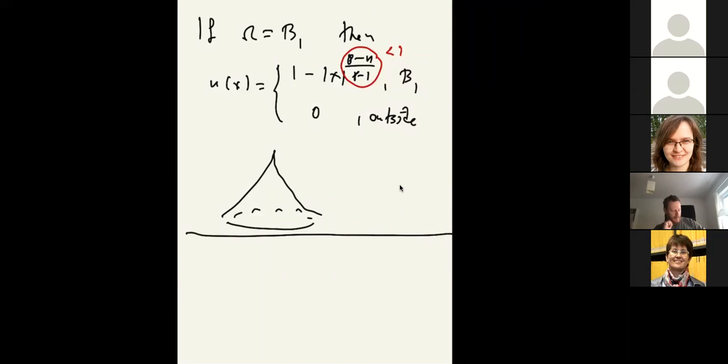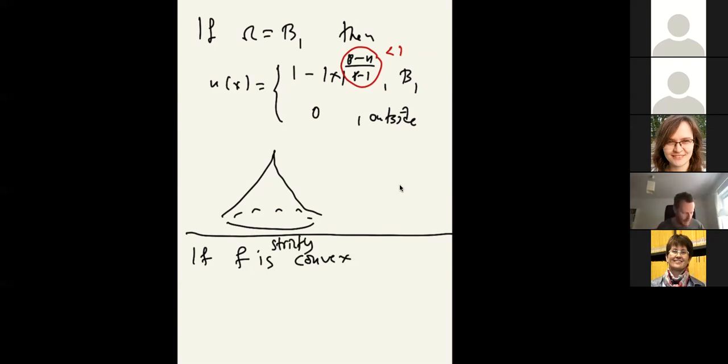If you want to remember something from this talk, this is the basic idea of one variable calculus that I would like you to recall: if you have a convex function, and if it's strictly convex, then it has a unique minimum.